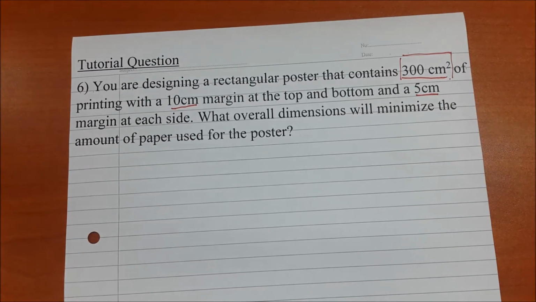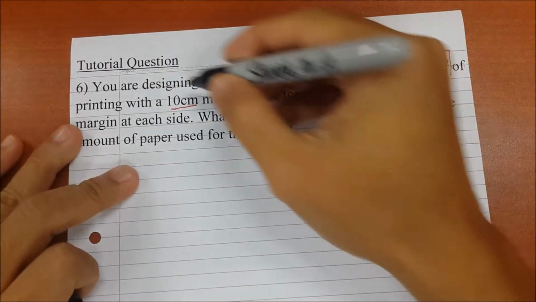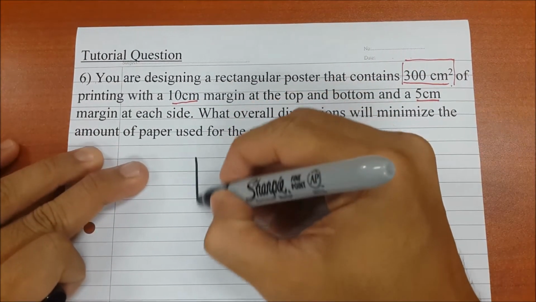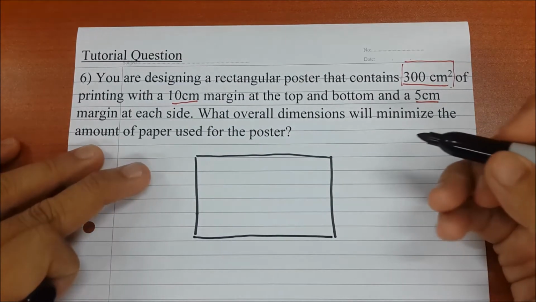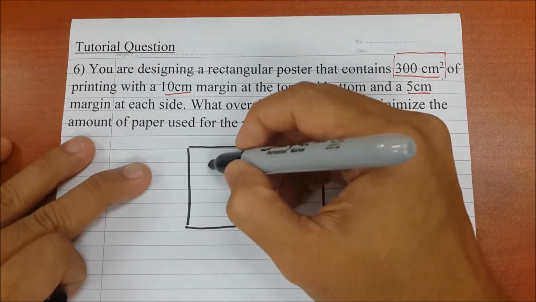Alright, so let's draw our poster first. It says here it is a rectangular poster, and contains 300 centimeters of printing.